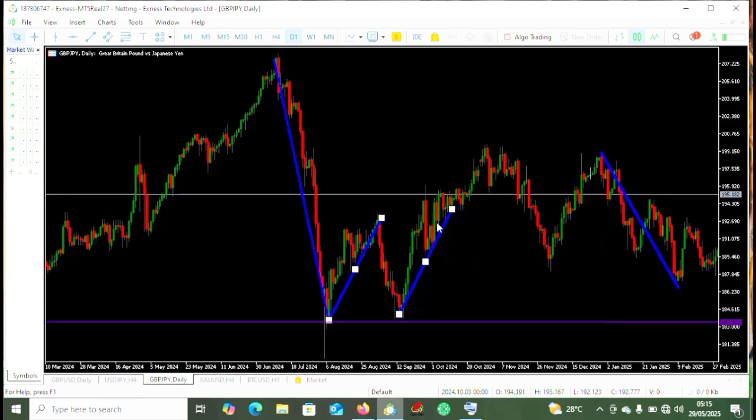So once you see this kind of move, is this not beautiful? Is this not clear that it is an M?